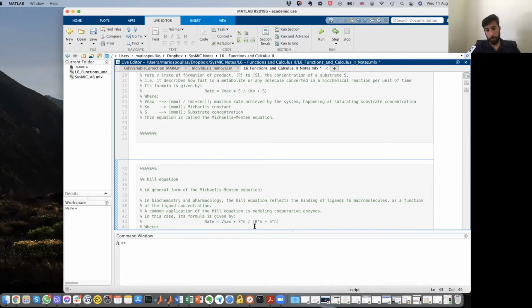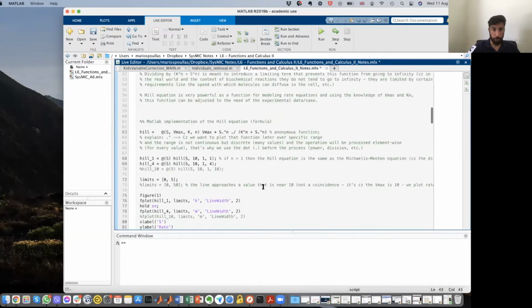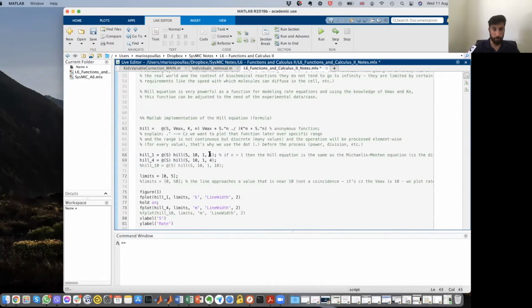So if n equals 1, the power of 1 is again the same. So the Hill equation is converted into the Michaelis-Menten equation. It's basically the same. That's why if we use n equal to 1 here, the Hill equation is the same as the Michaelis-Menten equation. Let me try to run at least this part.